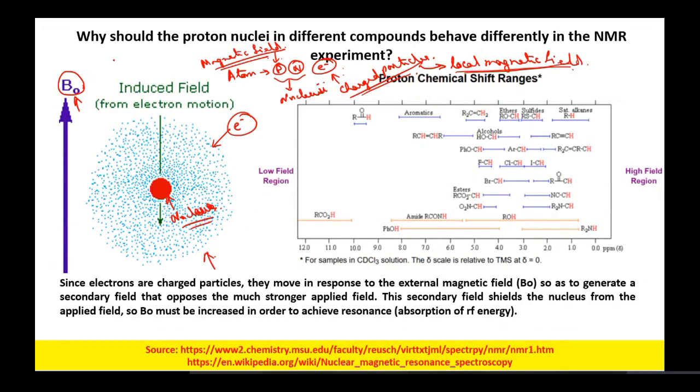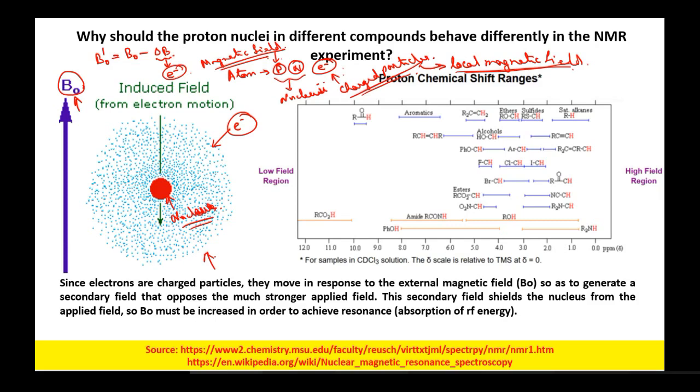Suppose B dash, the net magnetic field exerted onto this proton, is given by B0 minus delta B. Here delta B is the small, local magnetic field created by the movement of the electrons.